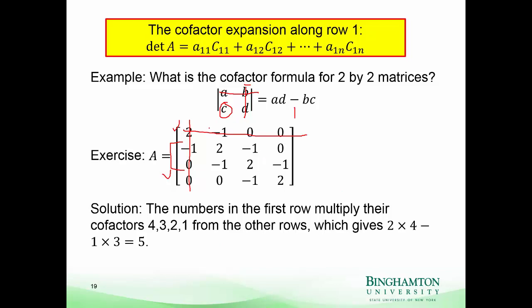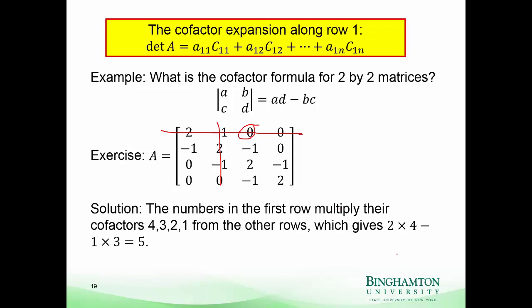Then if you do this one, the cofactor for that will be 3, and so on and so on. But once we start multiplying by zeros, it's really only those first 2 cofactors that matter.